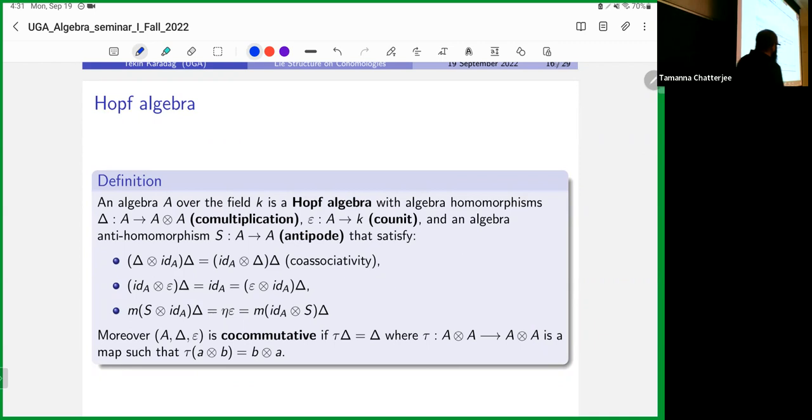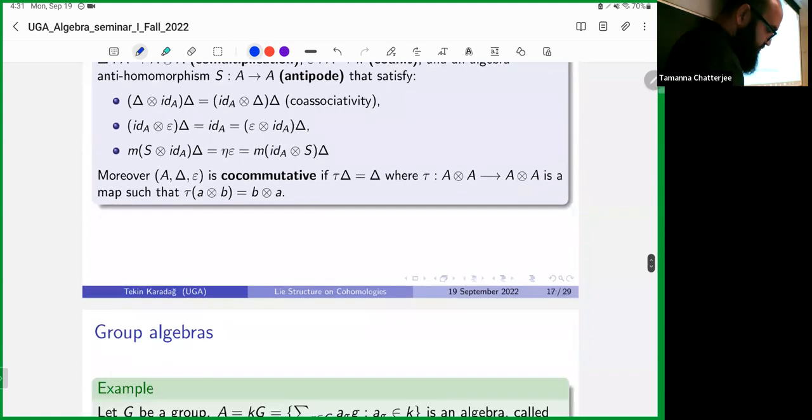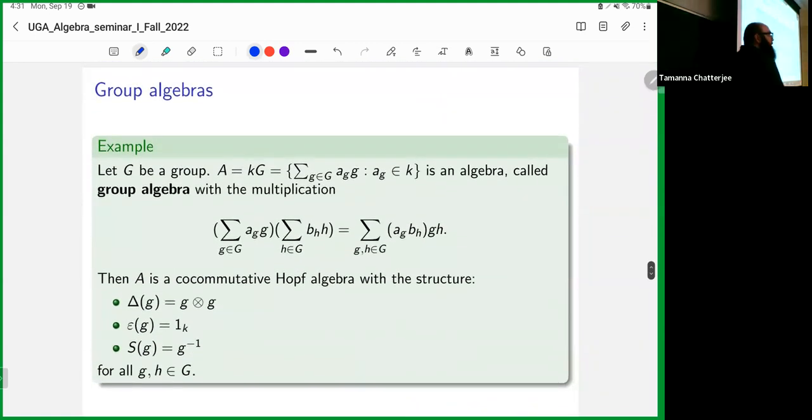Group algebras are the first example of a Hopf algebra. If you take a group algebra and define comultiplication this way, and counit and antipode this way, then it makes the group algebra a Hopf algebra.